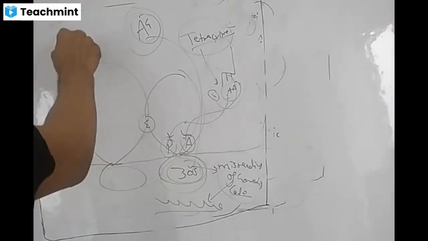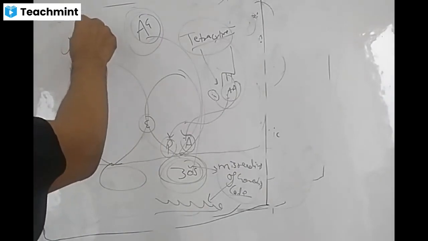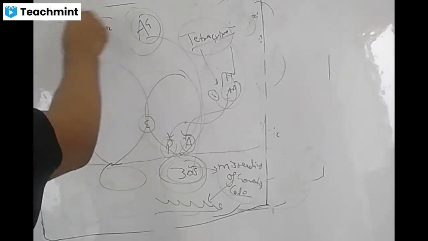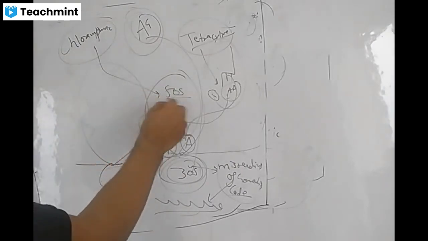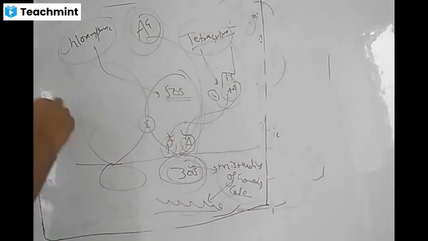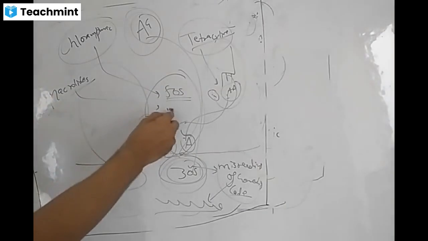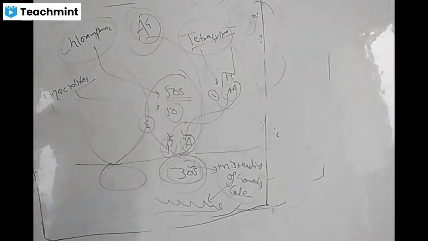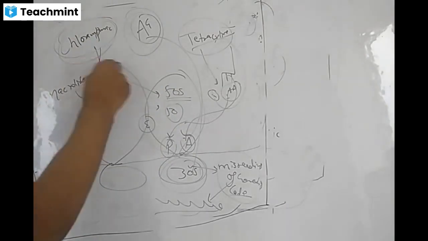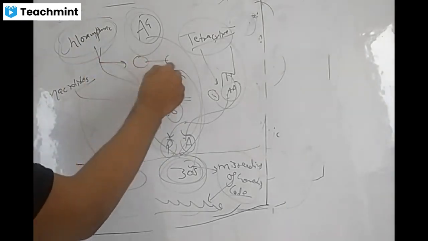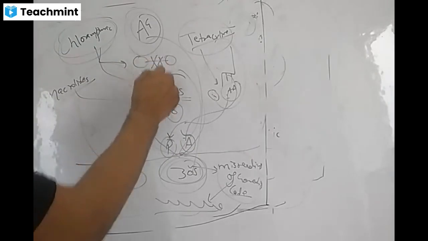Second, we have chloramphenicol. Chloramphenicol's site of action is 50S. Similarly, we have macrolides. They also act at 50S. So chloramphenicol does not allow two amino acids to combine with each other.